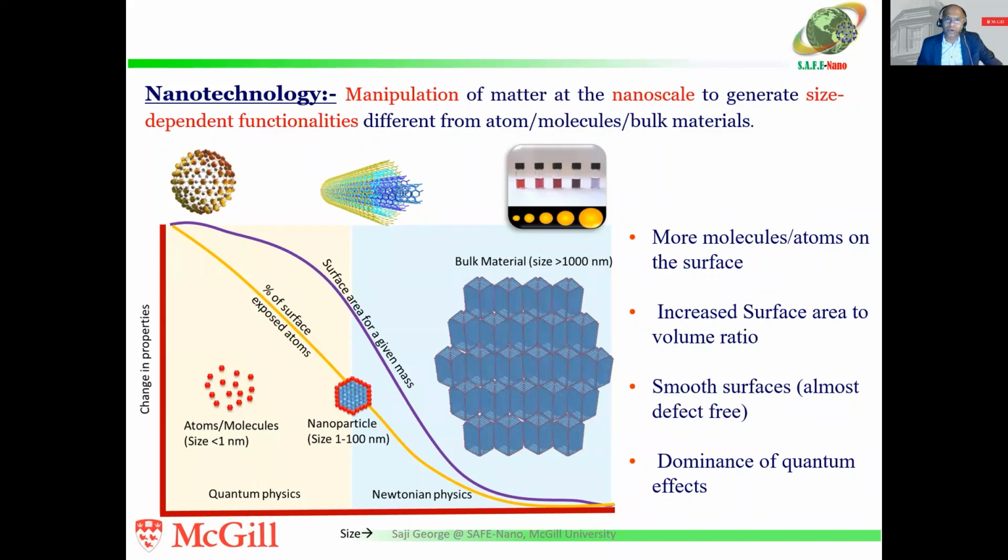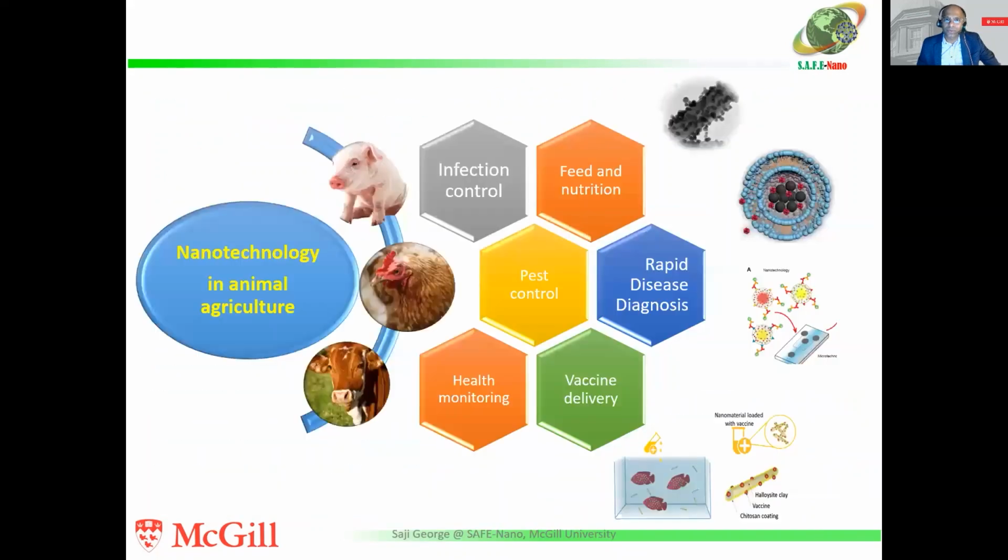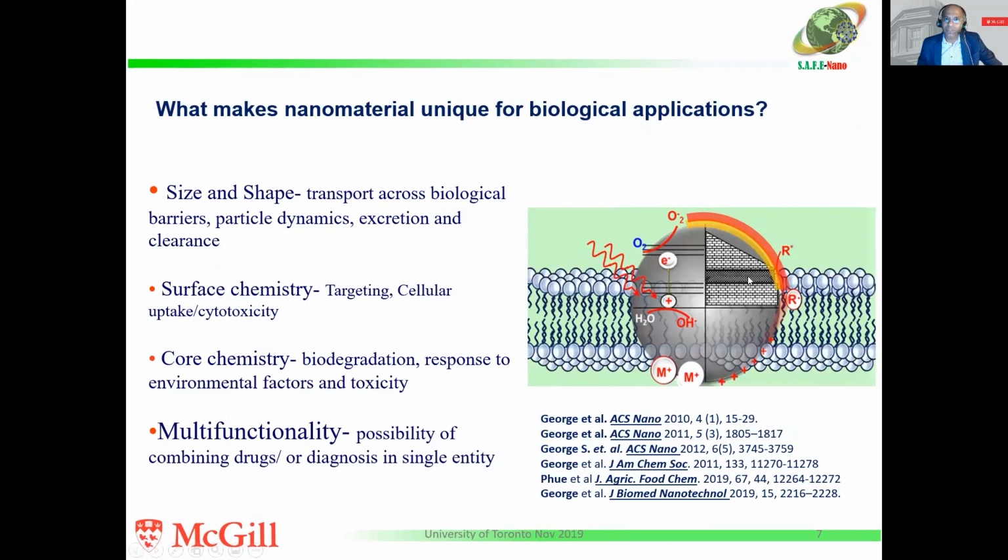When nanomaterials interact with a biological system, their size, their shape, their surface chemistry, their core chemistry, etc., determine the type of interaction, whether it is more beneficial or hazardous. For example, because nano size is extremely small, they can trespass many biological barriers.